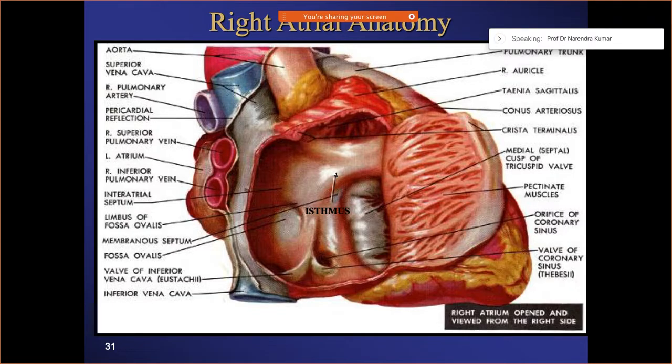the RA wall consists of four different components. One is the appendage, which is a large triangular structure located anteriorly and laterally. Then there is a fat-filled groove of the crista terminalis, which divides it from the smooth right atrium along the lateral wall, and is called the terminal groove or sulcus terminalis.